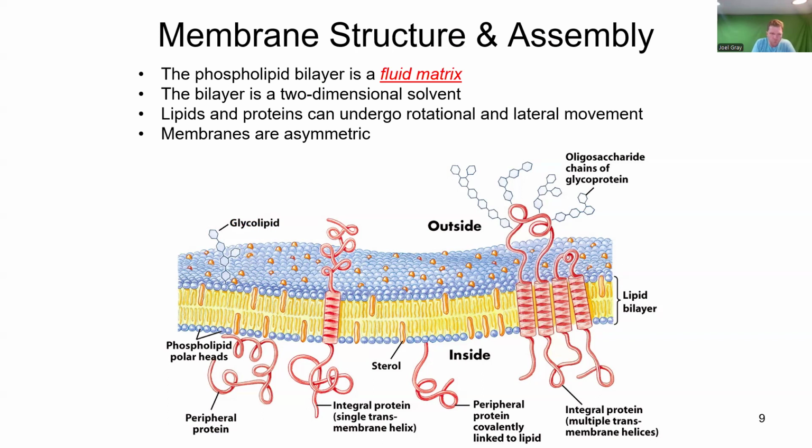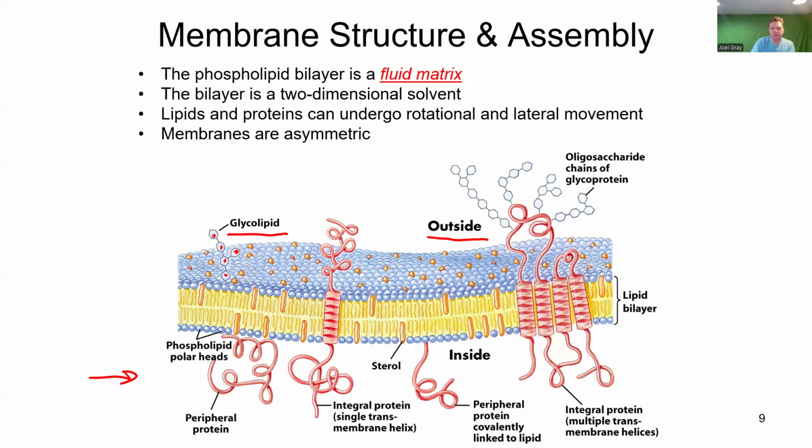Each one of these rings corresponds to a sugar like glucose or galactose or mannose or maltose. These are tools that are used to communicate with other cells. So this is what is displayed outside of the cell. Notice those glycolipids are not found on the inside half, or the inner leaflet.